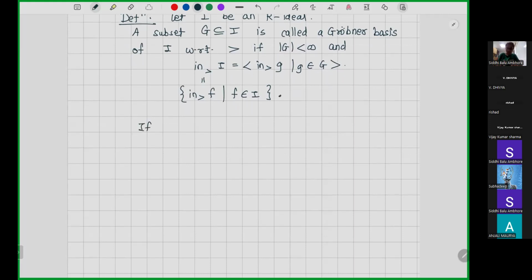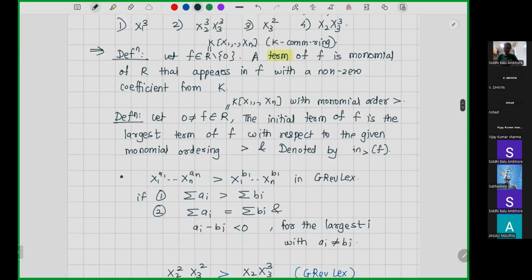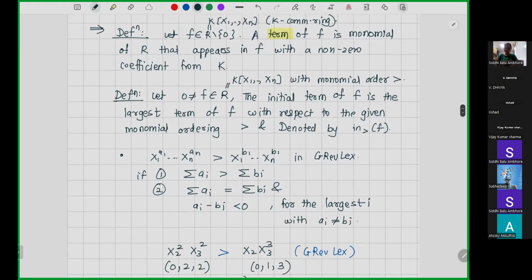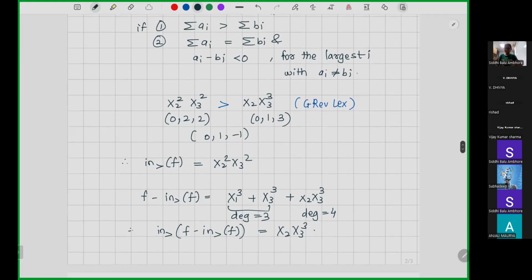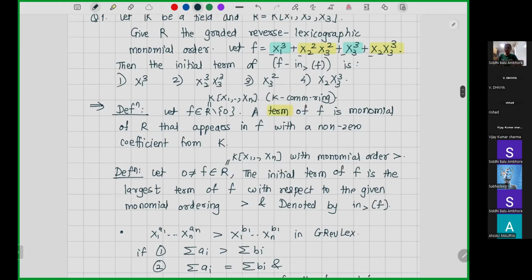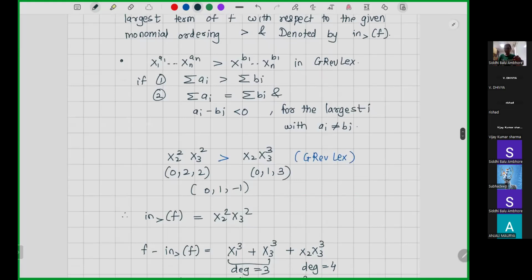Hello, ma'am. Yes. In the first question, in graded reverse lexicographic order, if the total order is the same, then we are preferring the exponent of the largest variable, the x3 part.